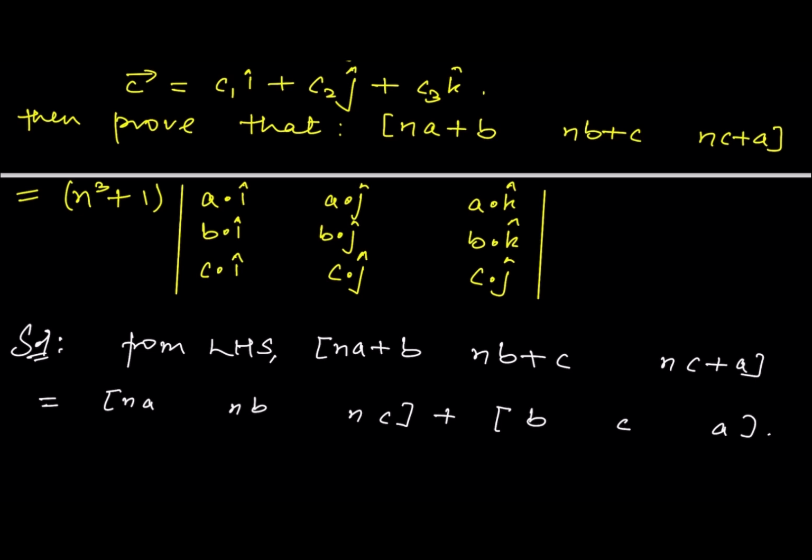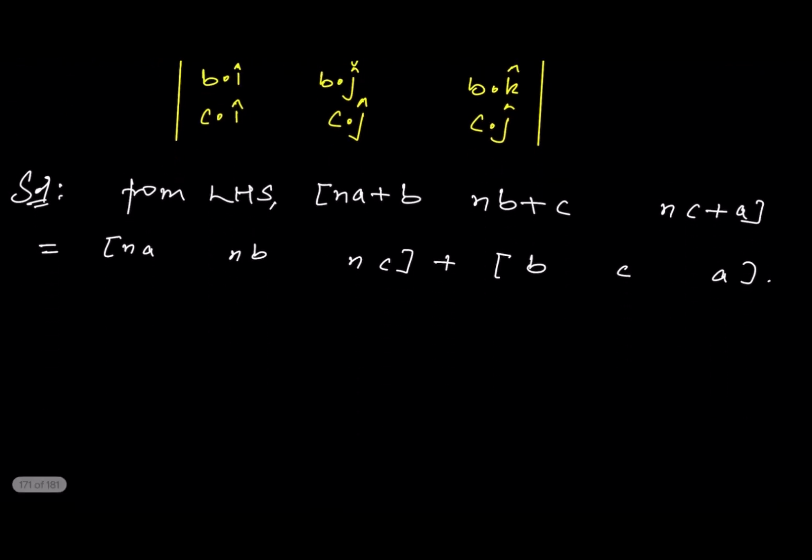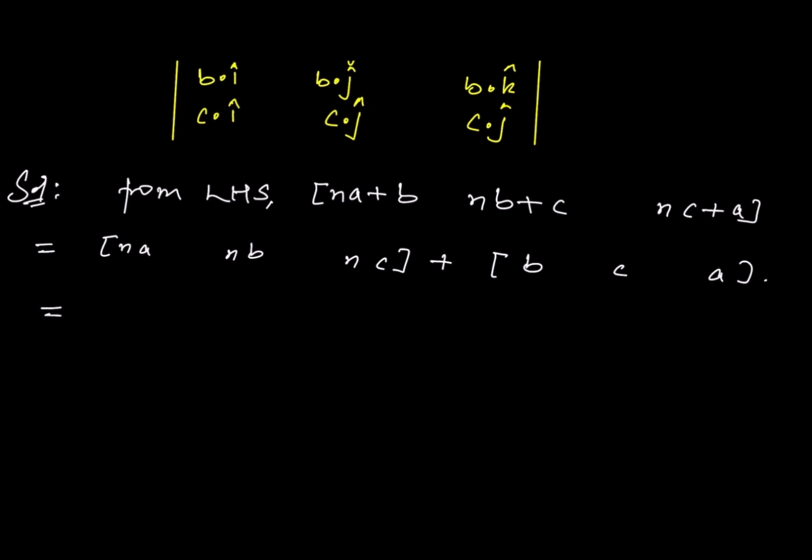After splitting, we would have 8 determinants, but out of those 8, 6 would be 0. Right. Now in the first box, these 3 n's will come out and become n cube, and n cube times box ABC plus this box BCA can be written as again box ABC.